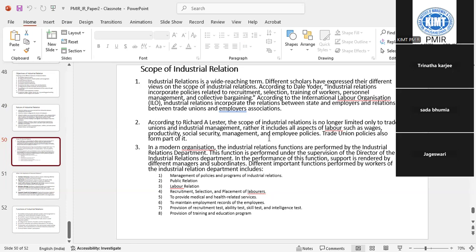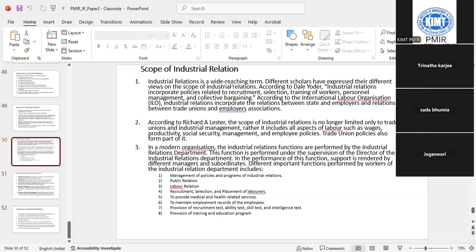So any conflict, any dispute that arises between these, this is the scope. If you have some conflict at your home, at your school, at your other office, that may not be included in the industrial relationship. So it is actually considering the scope within that relation.